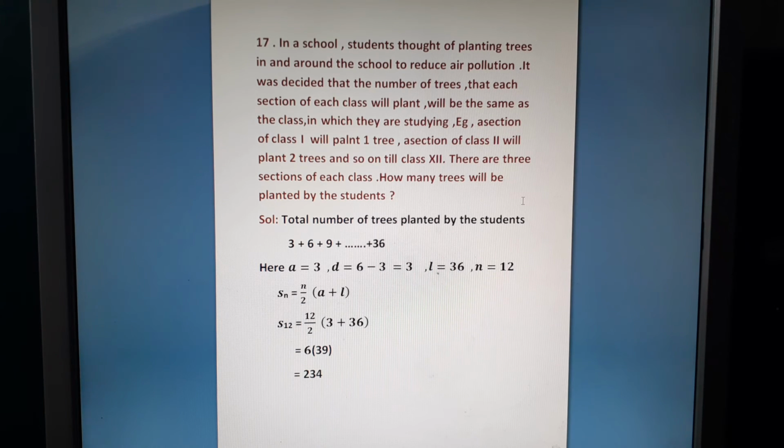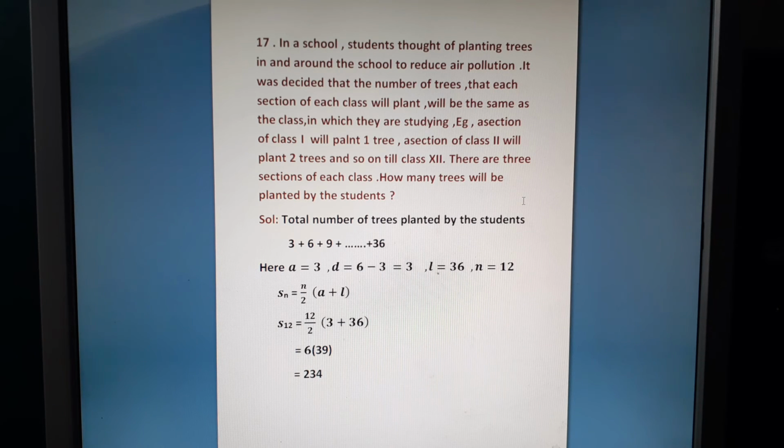See the solution. In a school, class 1st to 12th, there are 3 sections of each class. Total number of trees planted by the students: class 1st into 3 sections is 3, plus class 2 into 3 sections is 6, plus class 3 into 3 sections, 3 3s are 9, plus etc. plus class 12 into 3 sections is 3 into 12, 36.